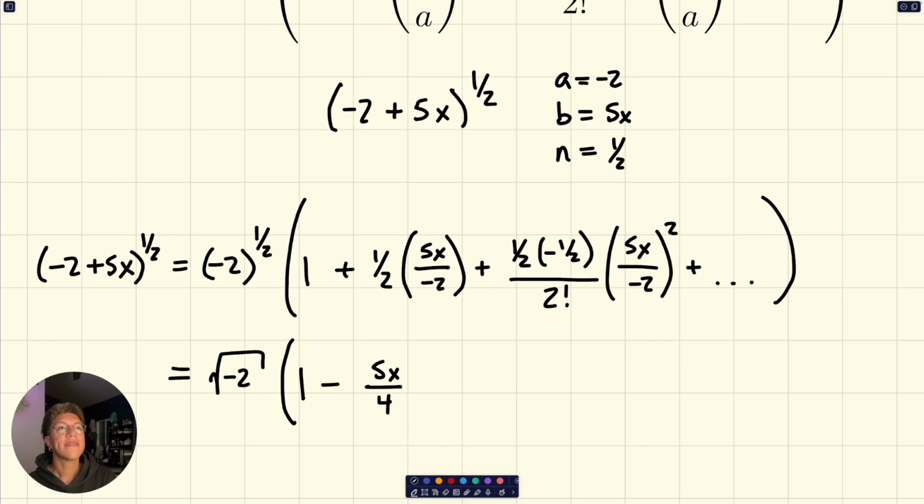And then we have 1/2 times -1/2 is -1/4, over 2 factorial is 2 times 1. That's going to give us 2. And then we have 25x squared over 4.